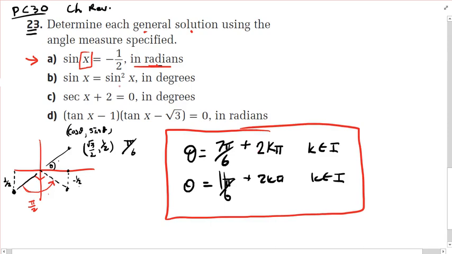Let's double check this. Take each angle, plus or minus 2 pi, and you'll get all of the other angles. That's what the general solution means. Sometimes you can get away with multiples of pi/2, like every halfway around the circle.